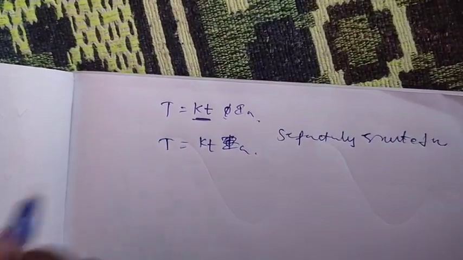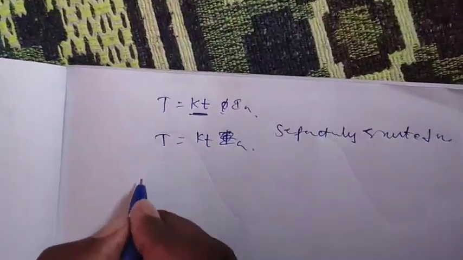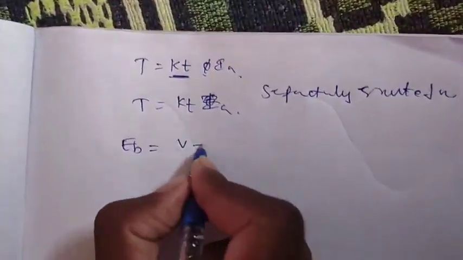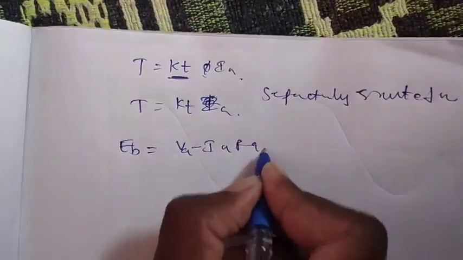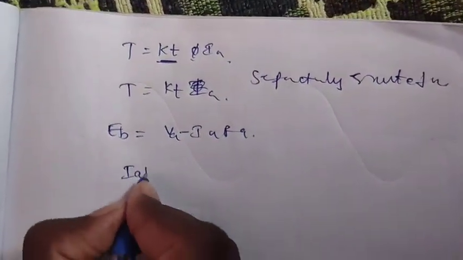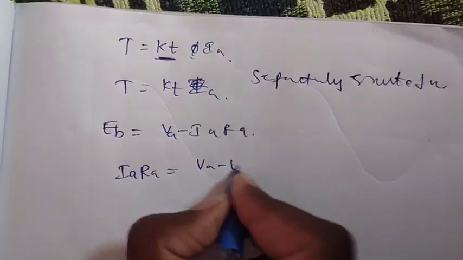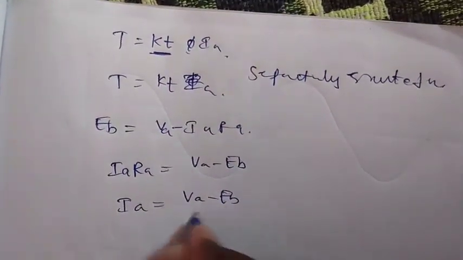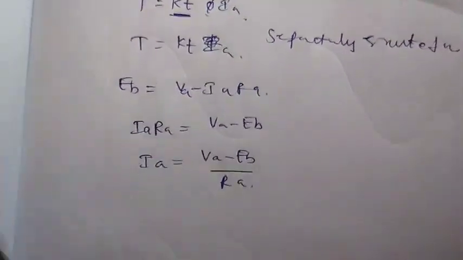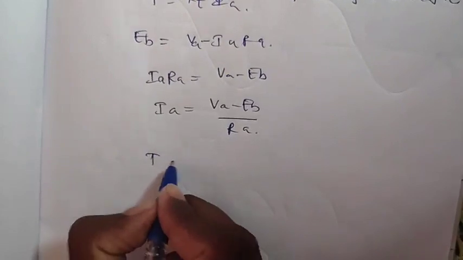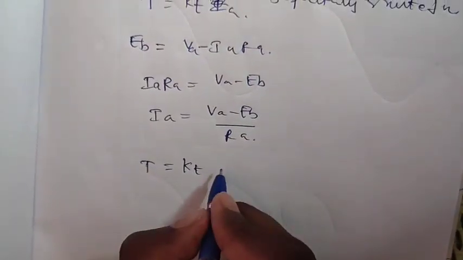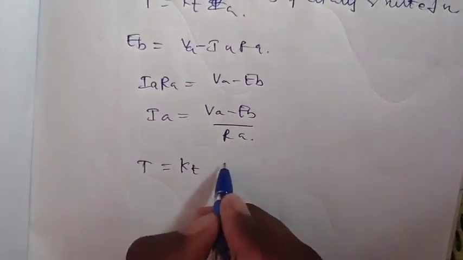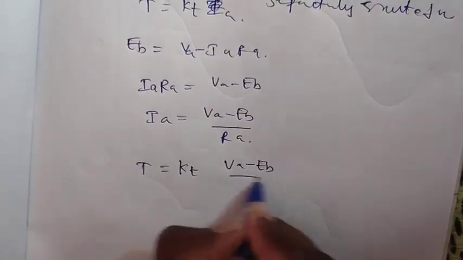We know the back EMF equals Va minus Ia Ra, so Ia Ra equals Va minus Eb, and Ia equals Va minus Eb divided by Ra. Substituting that value of Ia, the torque equals Kt times Va minus Eb by Ra.